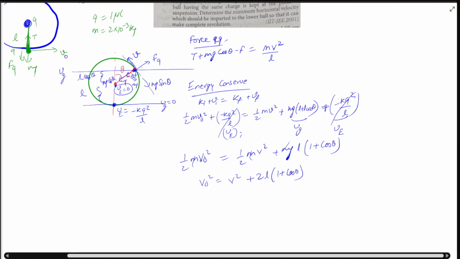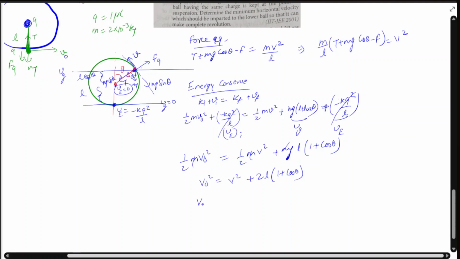Now let's put the value of v square here. What we'll get here: T plus mg cos theta minus F equals m by L times v square.